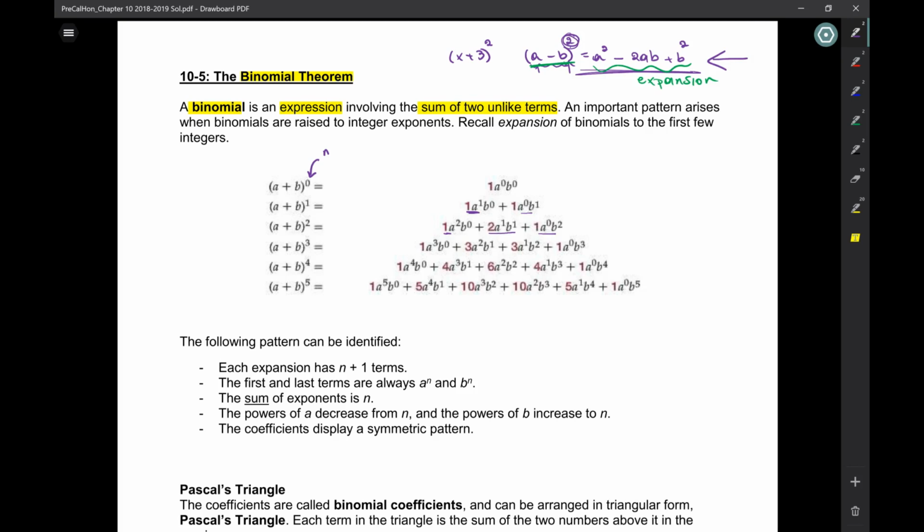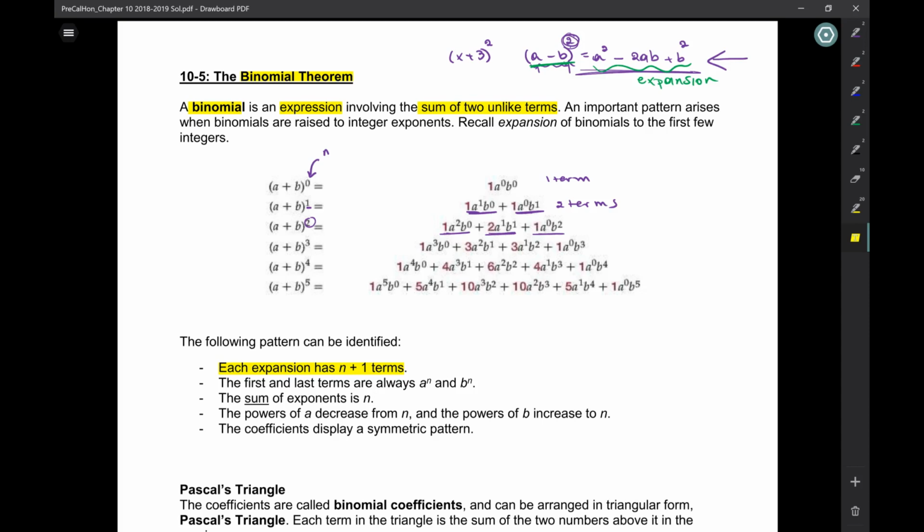All right, and now let's first figure out how many terms there are at each step. When n is 0, you have one term. When n is 1, there are two terms. 1 plus another one. When n is 2, there are 1, 2, 3 terms. So you can see here that each expansion has n plus 1 terms, one more term than the exponent.